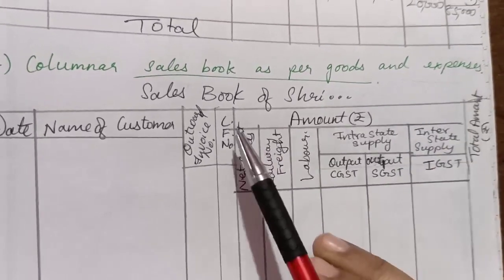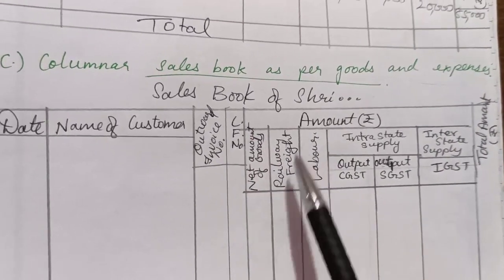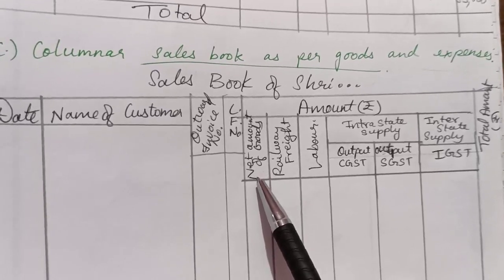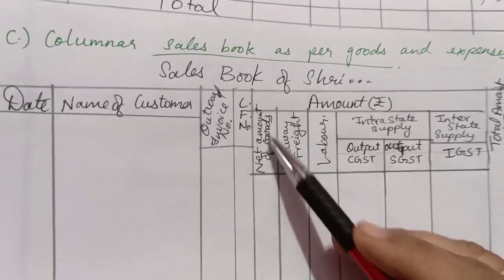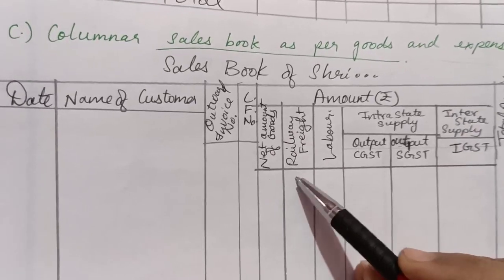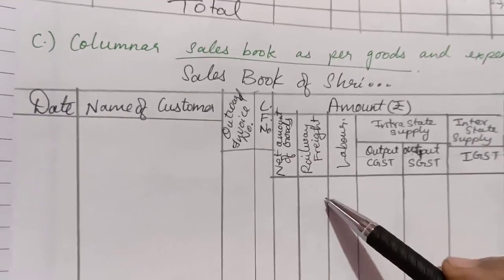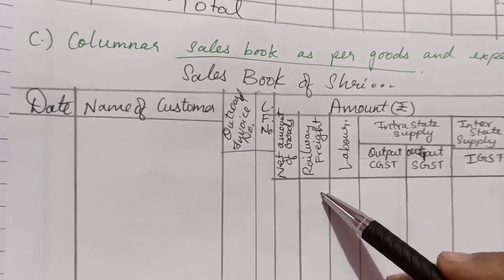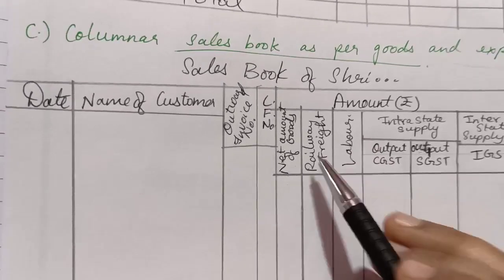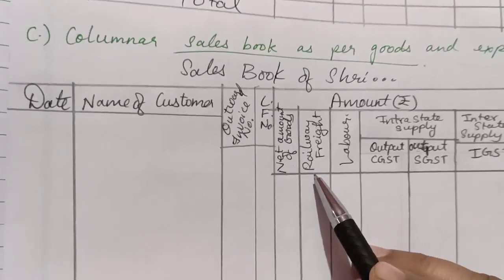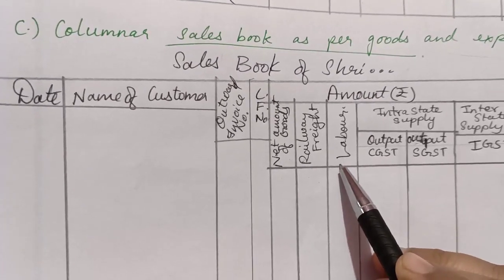So the first column in the amount column will be the net amount of goods, means after reducing the trade discount, the net amount here. Then the railway freight, labor or octroi or any other kind of tax, custom duty or whatever it is, we'll have to record them over here. This is for sample, so railway freight and labor are taken into consideration.